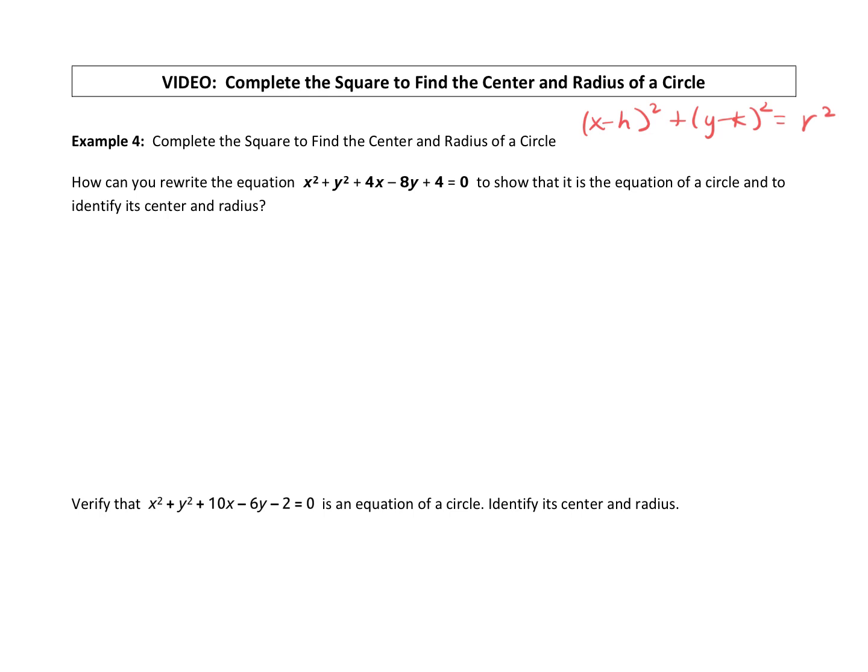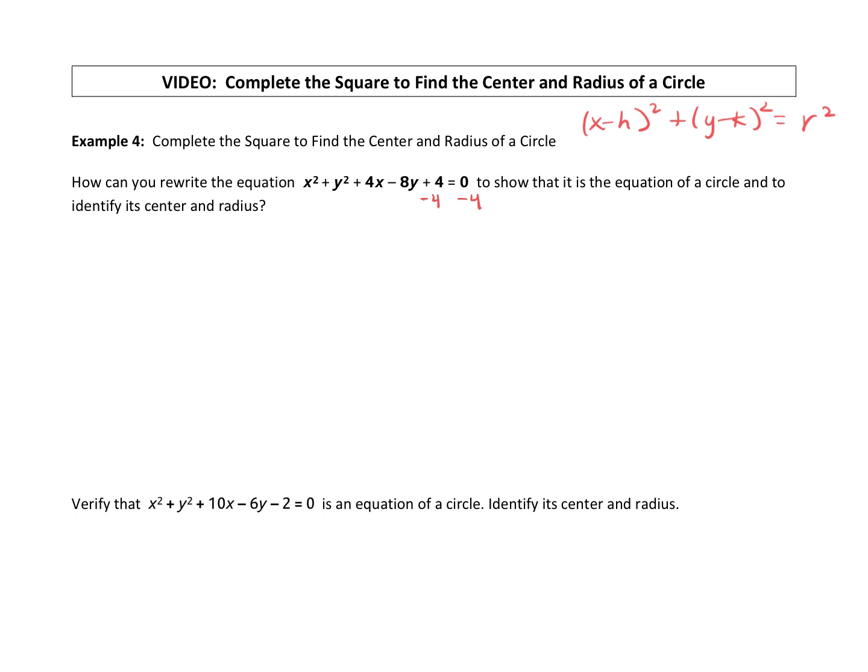So first, if you have any terms in this jumbly equation that do not have a variable, let's get those to the other side. It's that plus 4 at the end. I'm going to subtract 4 from both sides. When we rewrite this equation, we want to put the same variables together.